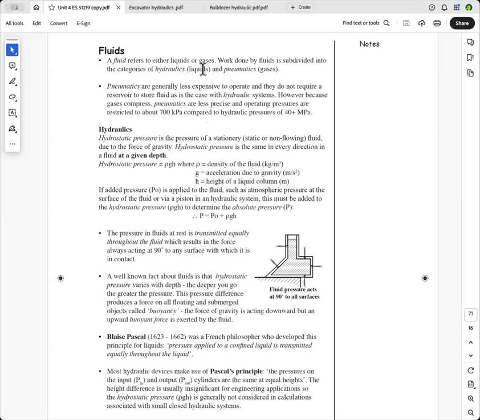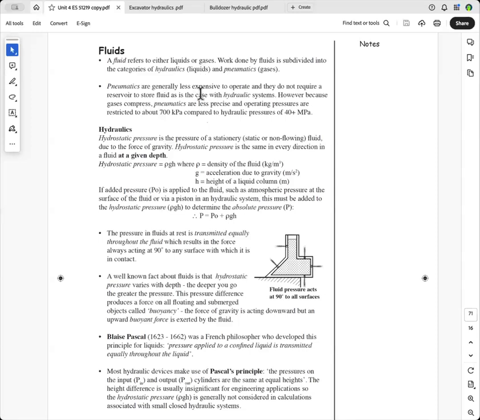But if it was pneumatics and it had gas, it would bounce quite a bit because of the compression of the gas in the system. So they don't use pneumatics for things like cranes or earth-moving equipment.